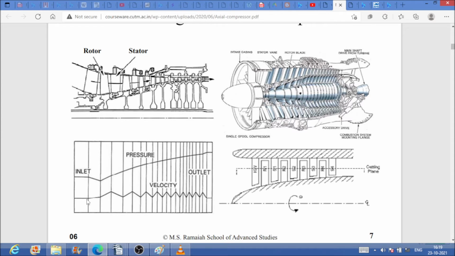Looking at this velocity distribution, because of the converging nature of the inlet guide vanes, the velocity is slightly increased, and in the rotor, as mechanical energy is imparted to the fluid, the velocity is increased considerably. In the stator, at the expense of that velocity, the pressure is increased. The same thing happens in all the stages.